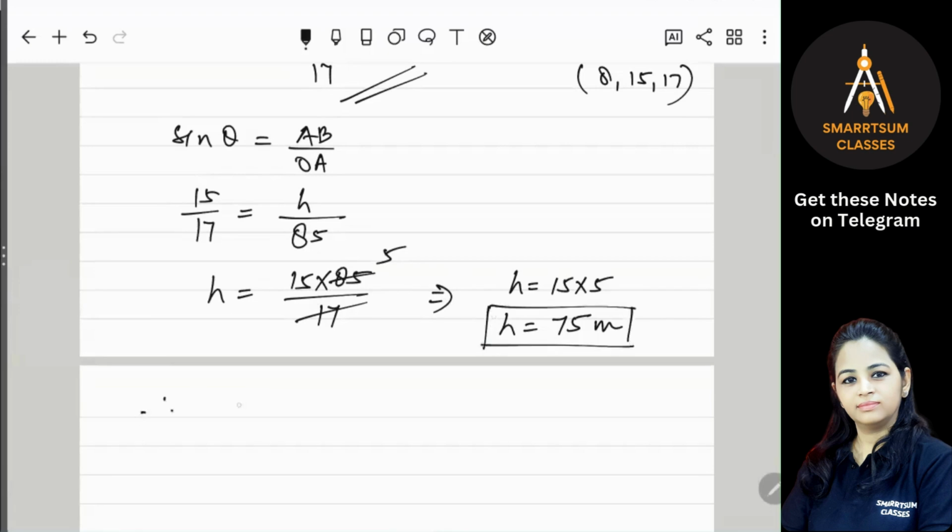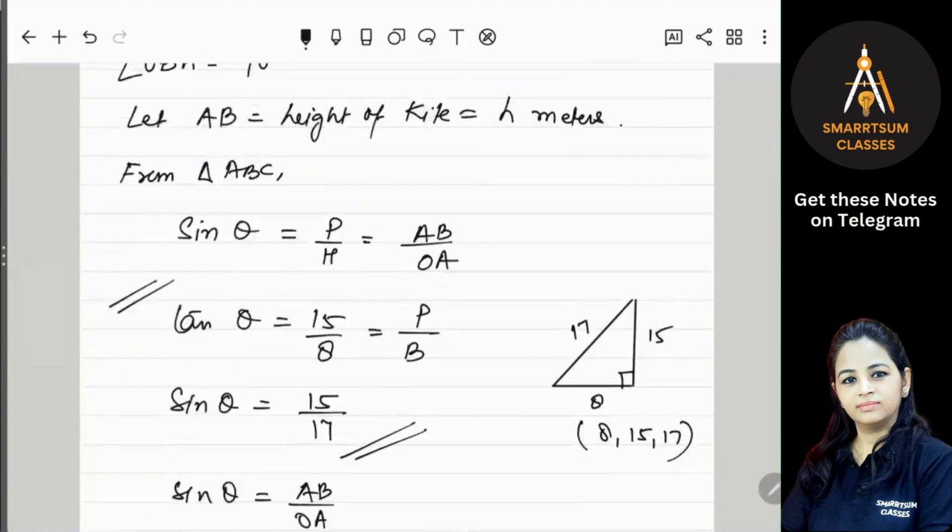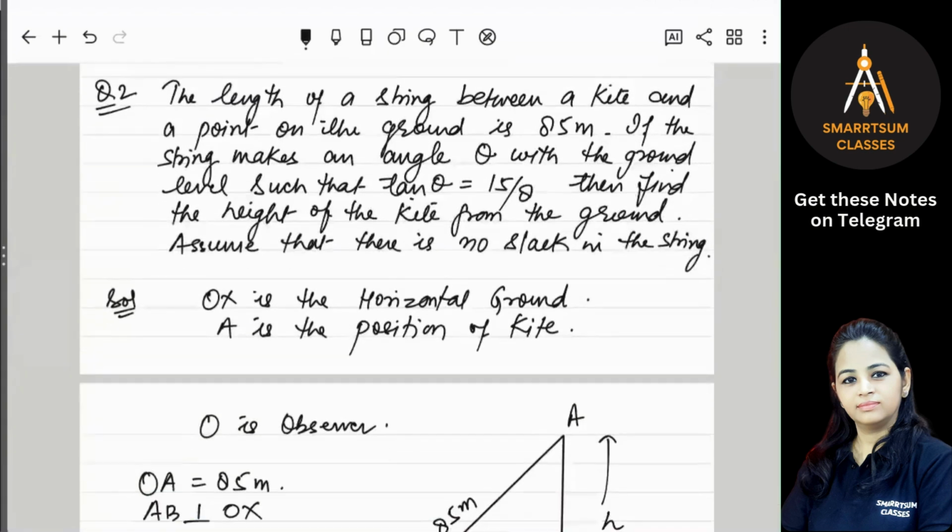So write down, therefore, the height of the kite from the ground is 75 meters. Okay, and this is your answer, right? So in this way, we have got the height of the kite from the ground. Now you can note it down.